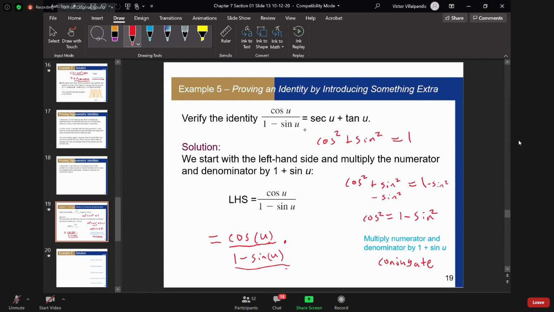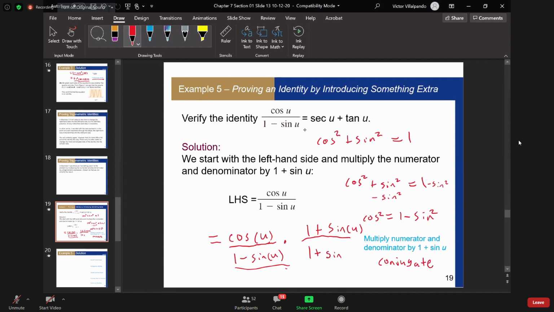I don't use it religiously, but it does come up here and there in my college algebra courses, where we do the conjugate or the complex conjugate with imaginary numbers. So the conjugate, all it is, is the denominator. I'm going to multiply by 1 in the form of the denominator, which is 1 minus sine, but since it's called the conjugate, you change the sign from minus to plus.